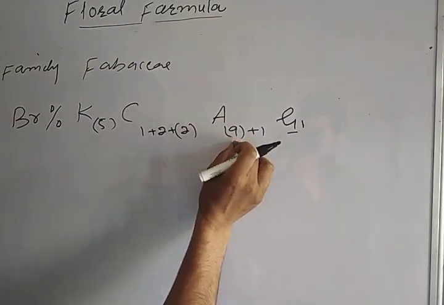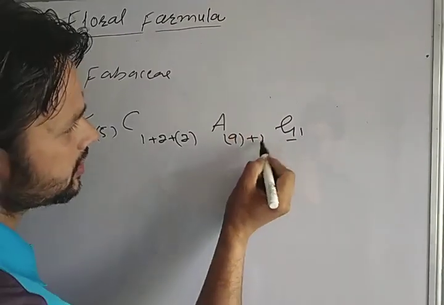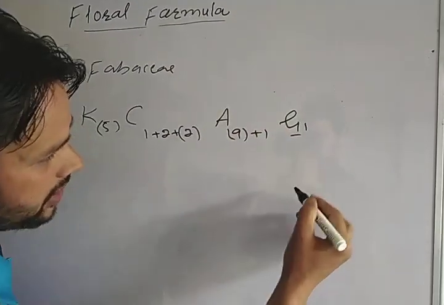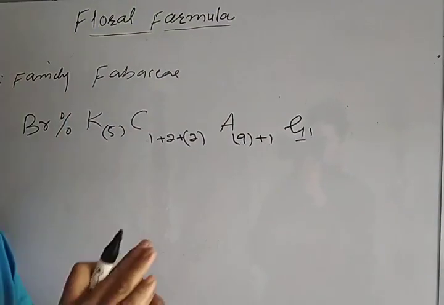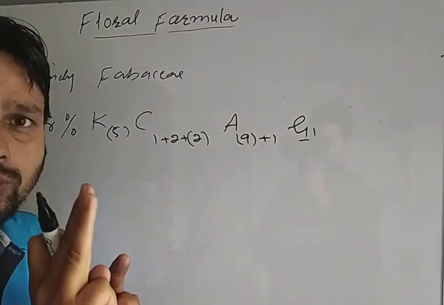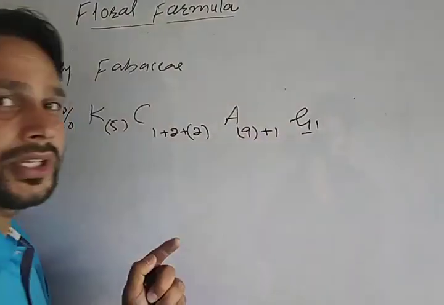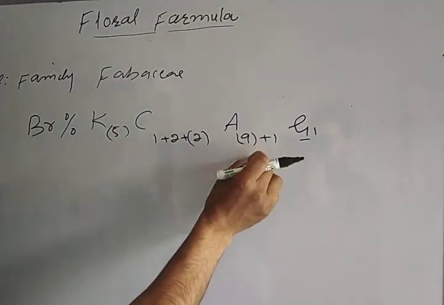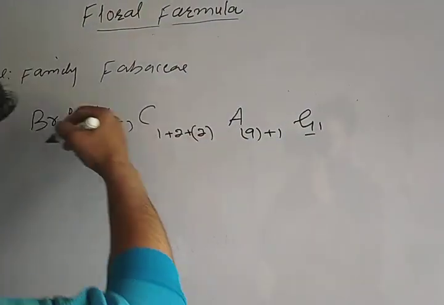Here I am saying again, a condition occurs here. This condition is called the diadelphous condition. What is diadelphous? Diadelphous means when the androecium is fused and represented by two bundles. One bundle remains fused and a single stamen remains separate. This is called the diadelphous condition, which is the characteristic feature of the flower of the Fabaceae family.